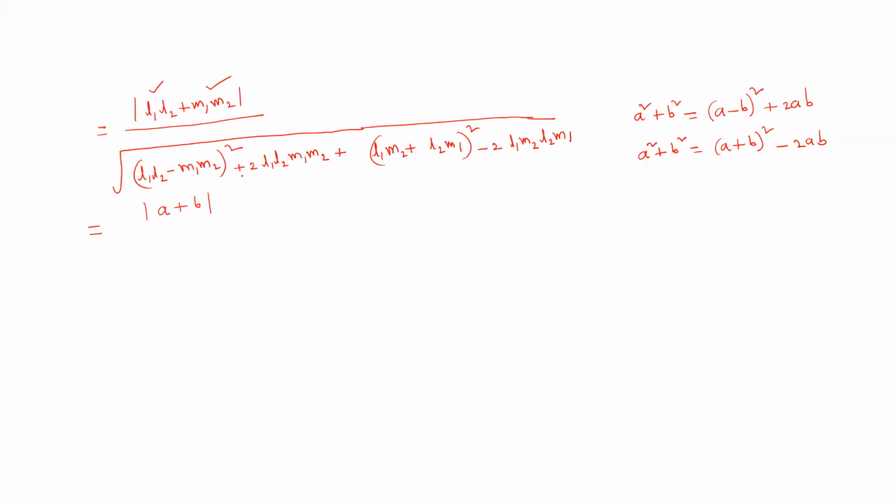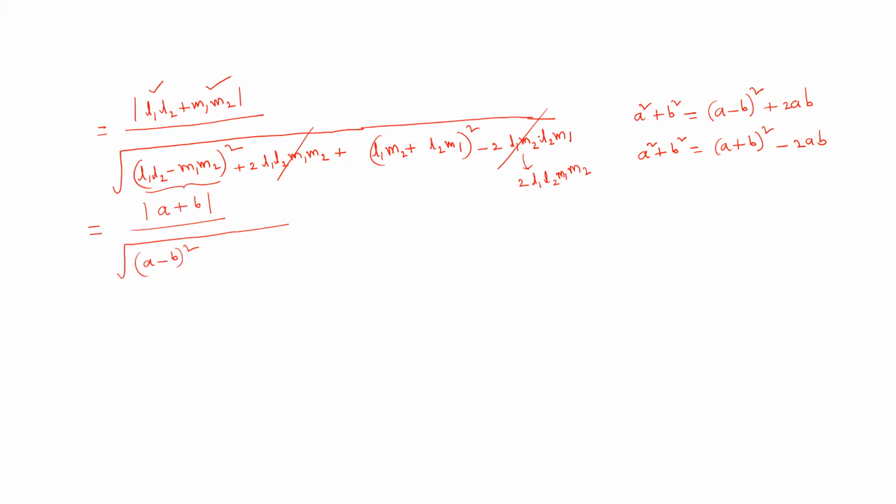Next, coming to the denominator part, root of L1 L2 first term, L1 L2 is a, minus M1 M2 is b, whole square. And here I am cancelling the plus and minus of these two, because both are the same. This is also 2 into, just rearranging the terms, L1 into M2 into L2 M1, or in order L1 L2 M1 M2, both are the same.